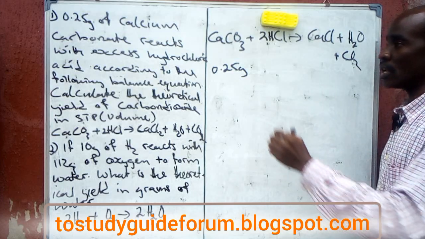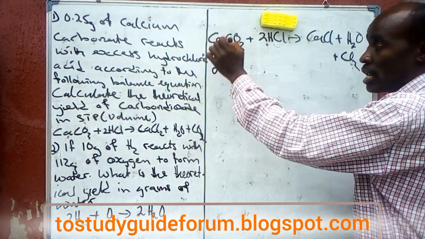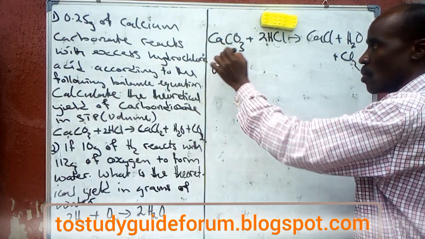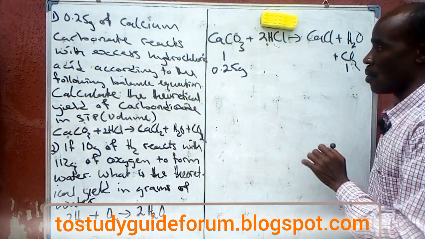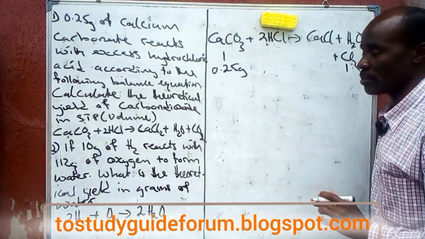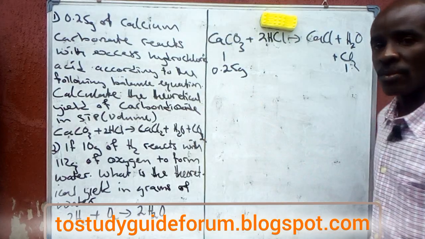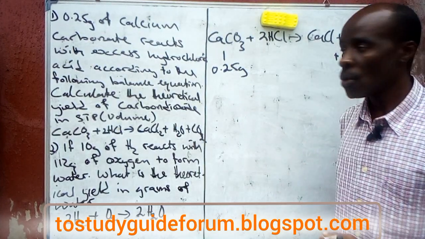We are talking about STP. Let's start from the moles. The mole ratio is 1 mole to 1 mole. Then we have 0.25 grams of calcium carbonate, which means we need to find the number of moles of this.